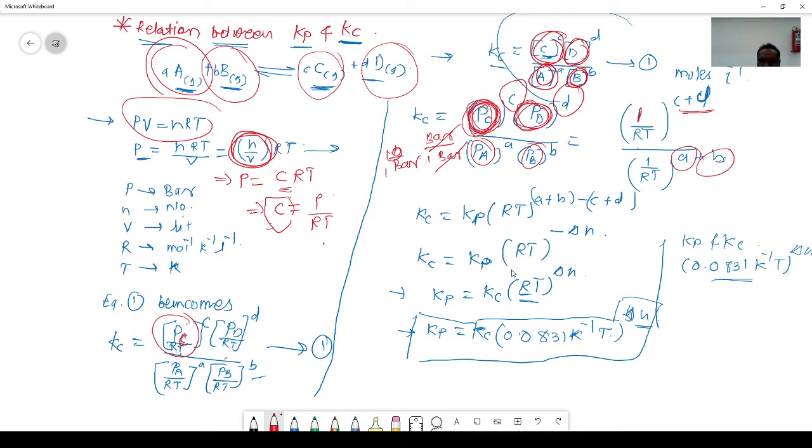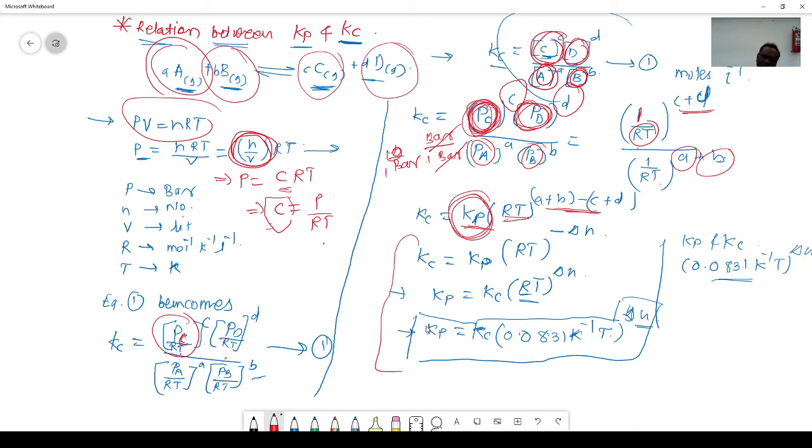Here what we have done? We have converted this terminology to A plus B minus C plus D, where this Kp term comes out while taking the inverse of this RT. Therefore, the remaining things we can understand very well.